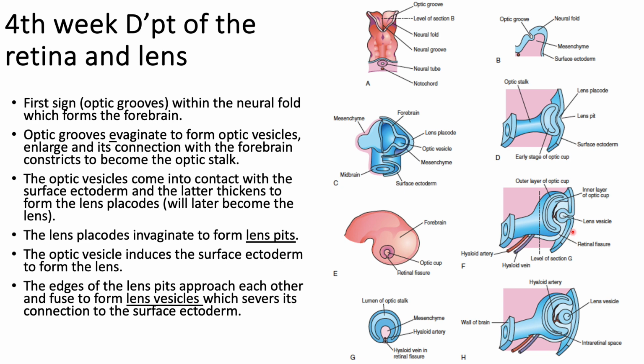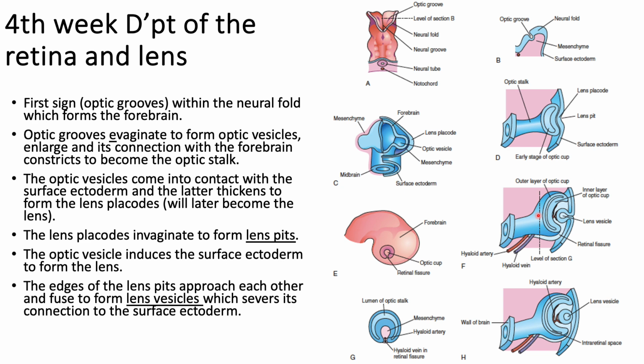It's a similar phenomenon that is occurring here in the lens vesicle. Once that occurs, the lens vesicle severs its continuity or connection with the surface ectoderm. So it tears off essentially to form a spherical structure.